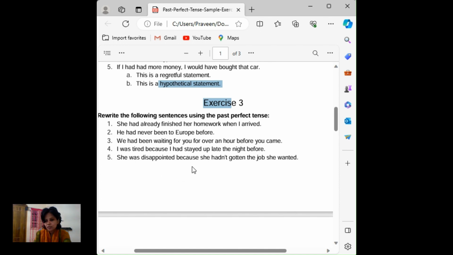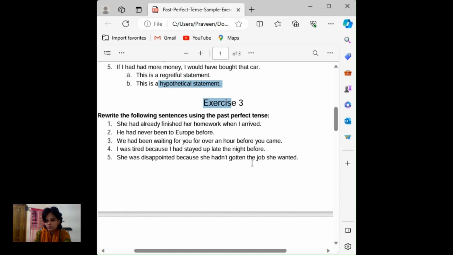She was disappointed because she hadn't gotten the job she wanted. She was disappointed. Why? She was sad because she had not gotten the job she wanted. She didn't get the job she desired. She had some desire to get some job. Usually we also wish, I want to get that kind of job. For her wish, she had some desire and she wanted to get such a kind of job.